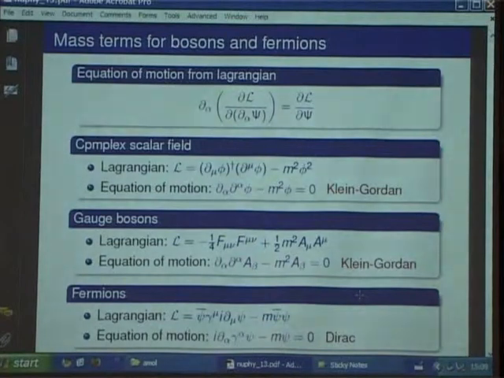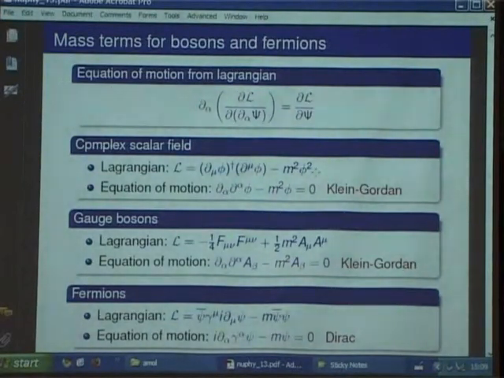I will give you these three things in one of the assignments. In fact, because you want to get this Klein-Gordon equation, that's the reason you put such terms in the Lagrangian. So it actually works the other way around. You know that a scalar field should satisfy the Klein-Gordon equation, and therefore you must have the Lagrangian as this.